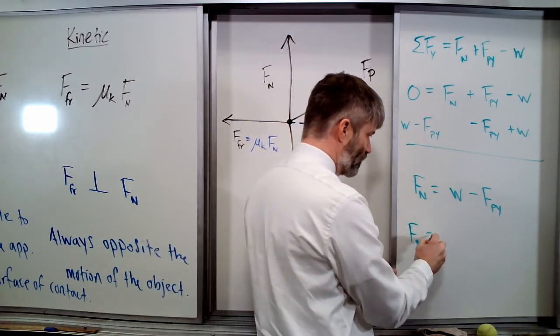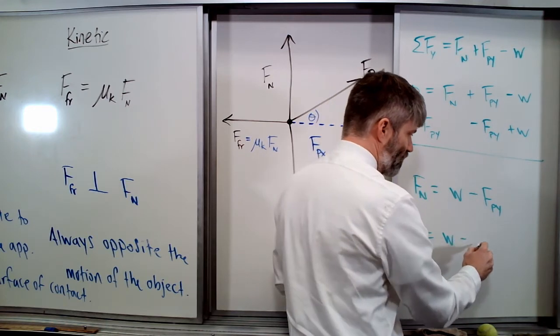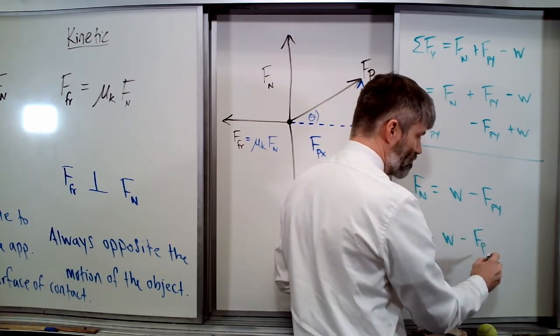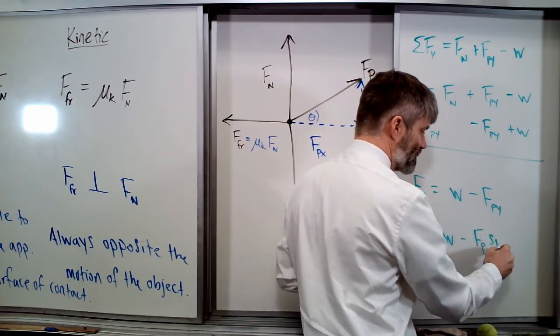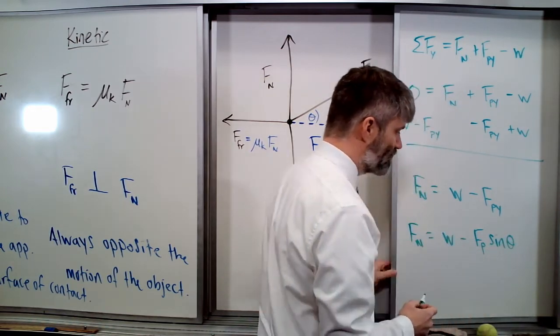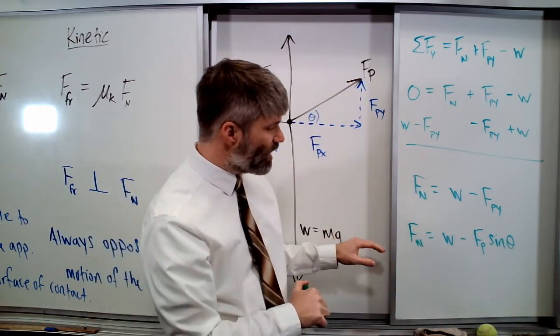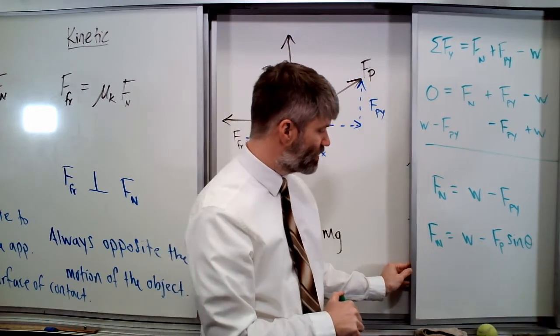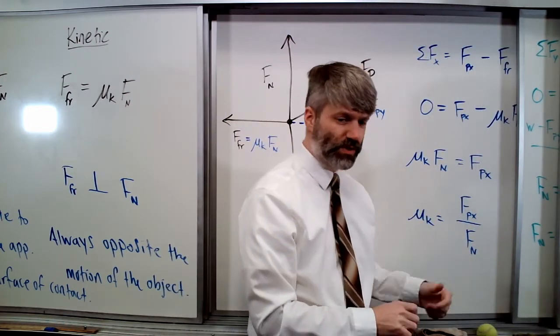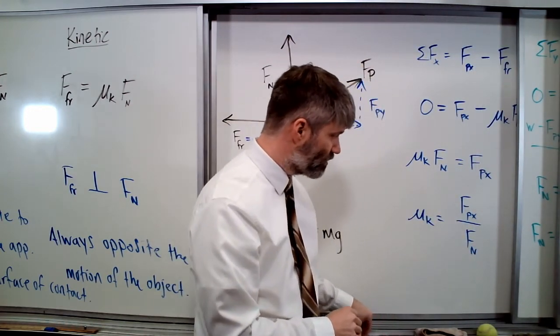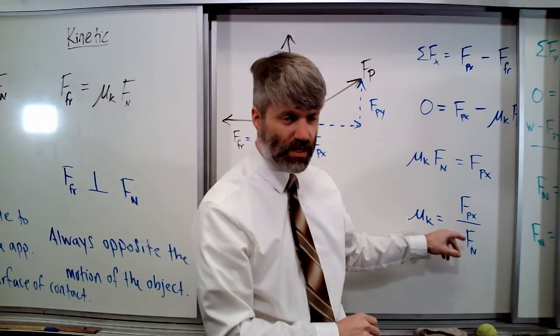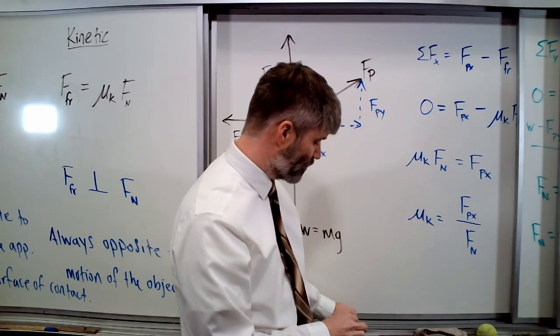We know that the normal force is equal to the weight minus the magnitude of the force of the pull times sine of theta. And we can now insert this into our equation here. While I'm doing so, I am going to make that into its component form.